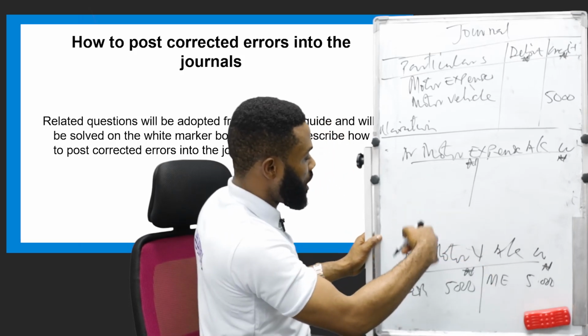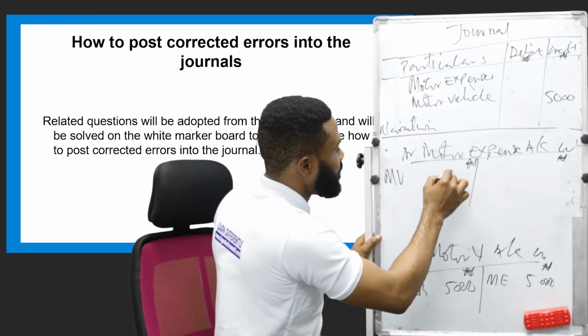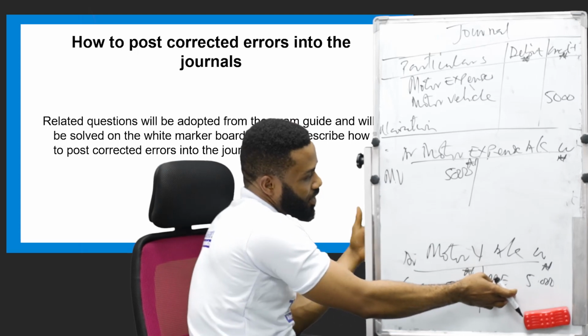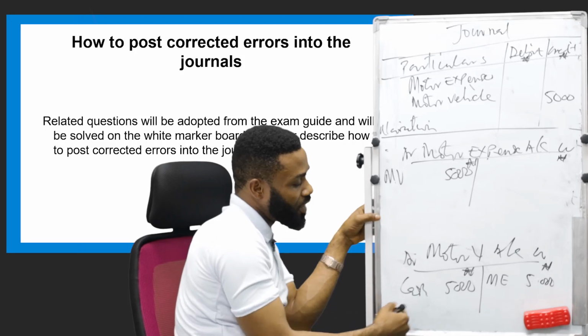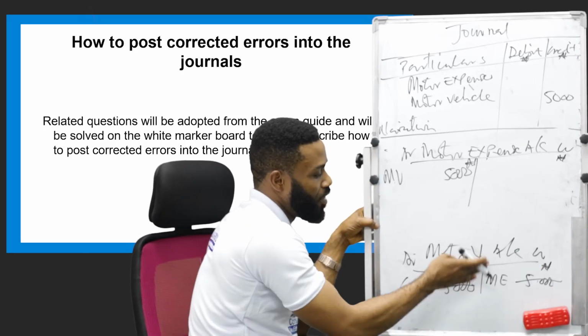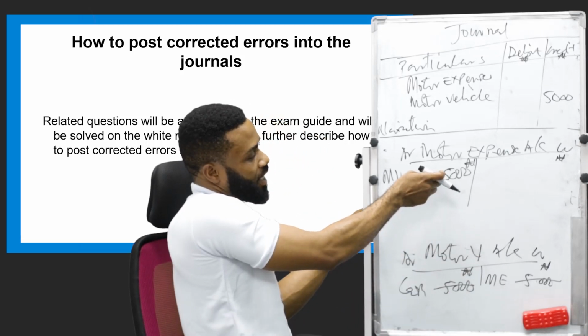You are doing the correction now. You now have your motor vehicle 5,000. This 5,000 is this. You can see now motor vehicle, motor expenses. So by the end of the day, this 5,000 will cancel this 5,000. This account will now remain null and void. And then you have effected that.